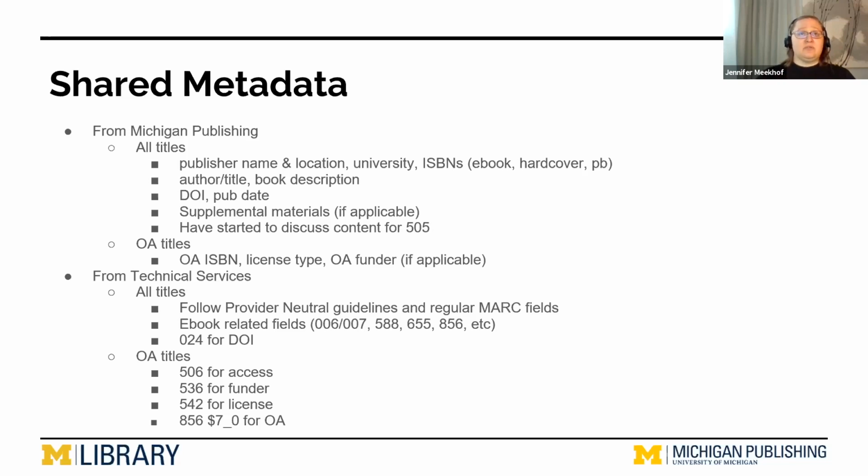We don't do the subfield 7 for non-open access. I don't know why, but we don't. But then we also take that DOI and we create an 024 field, as well as use it for the URL in the 856 so that there's a constant, easy to manage URL going on there. Next slide, please.